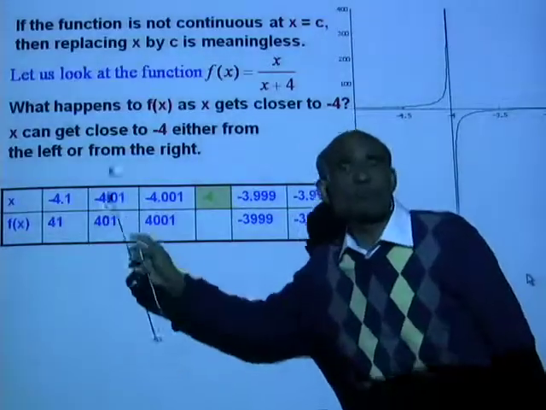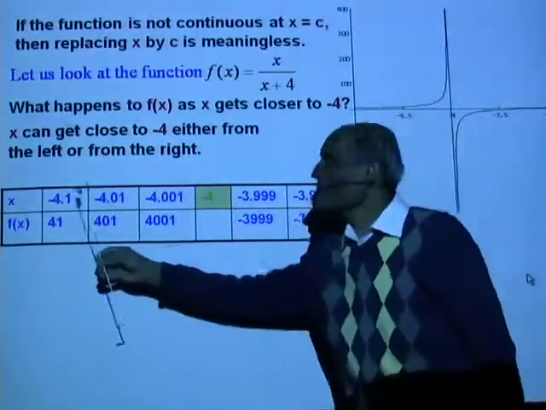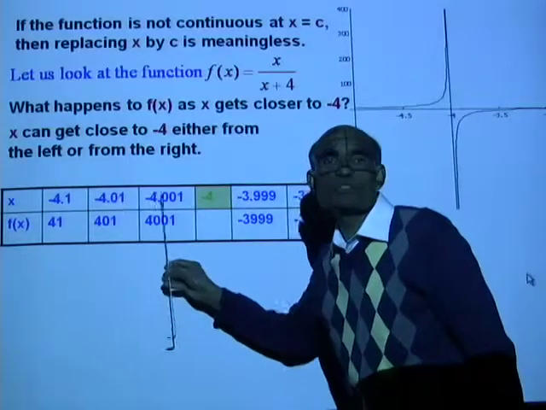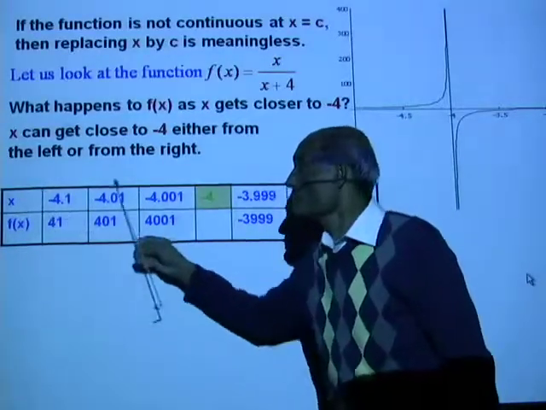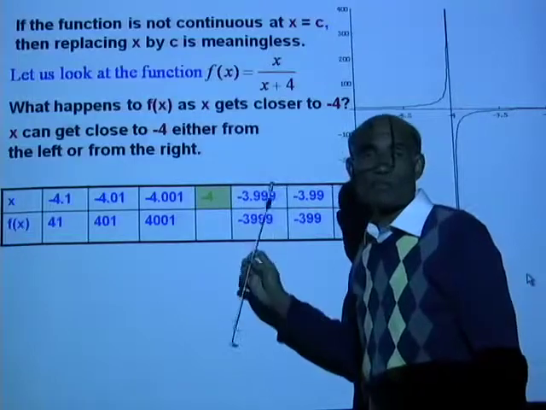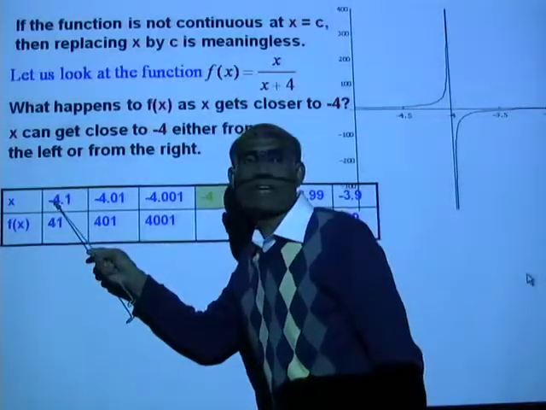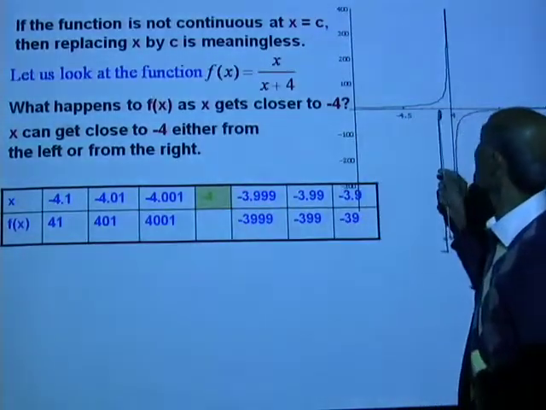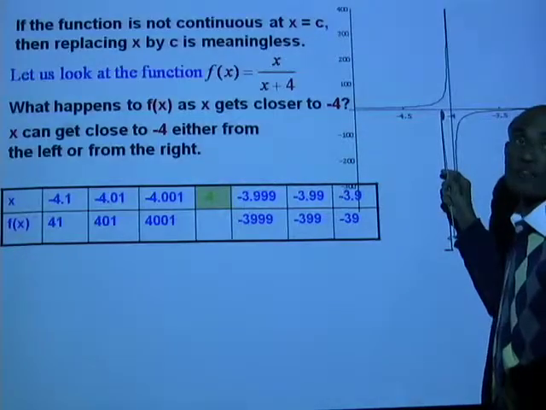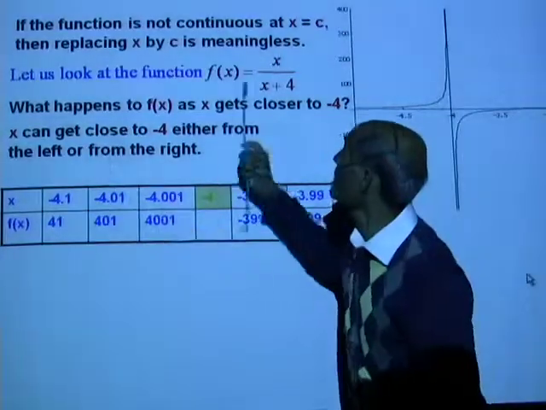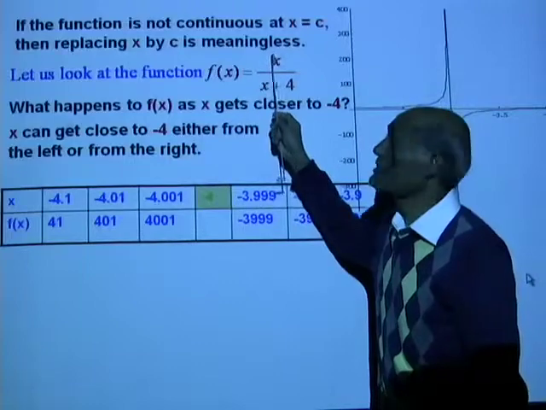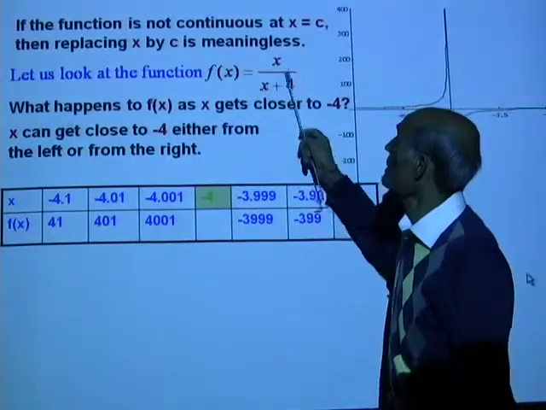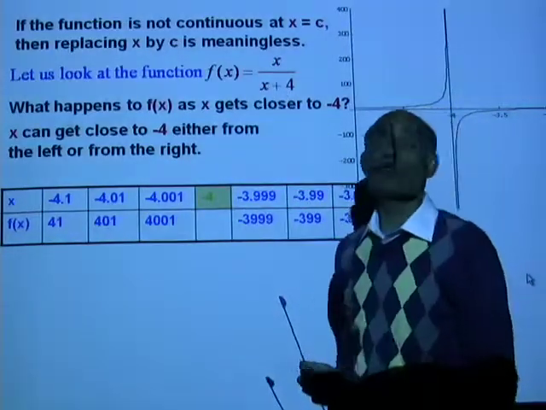Let's find the output values as x gets closer and closer to negative 4 from the left and from the right. Okay, let's start with x equal to negative 4.1, that is here. Use a calculator, and give me the value of the output.